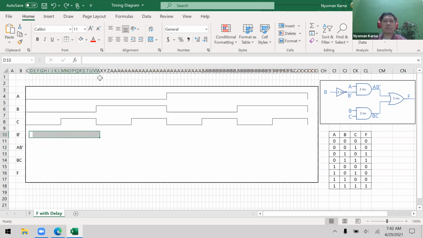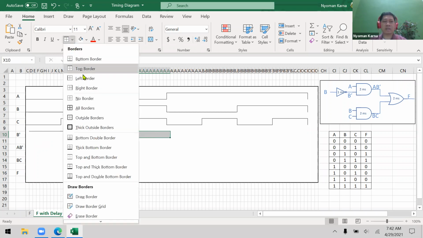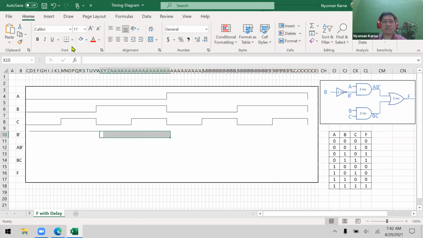So it becomes something like this. A 1 millisecond delay. And there is also 1 millisecond delay in here. And there is 1 millisecond delay in here.